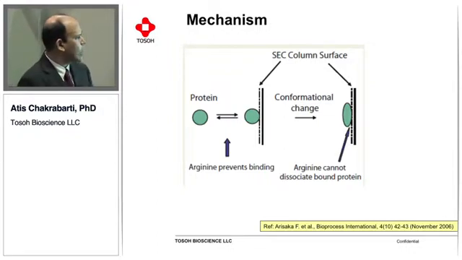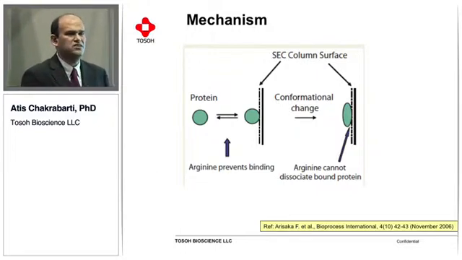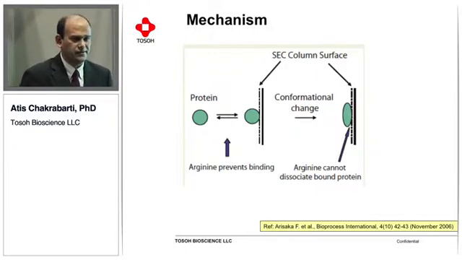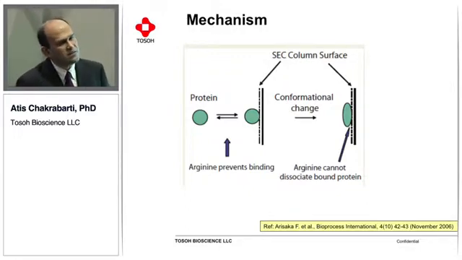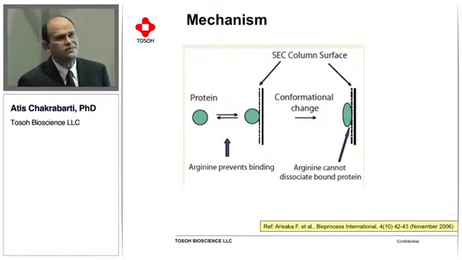So what they have done is use 100 millimolar arginine in the buffer, and found that arginine can prevent binding. Now, if you have already loaded the column with the protein and found it totally stuck, adding arginine to the buffer is not going to work, because arginine cannot supersede that binding strength.